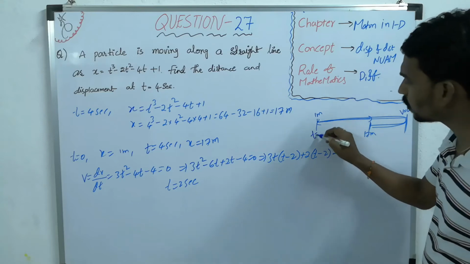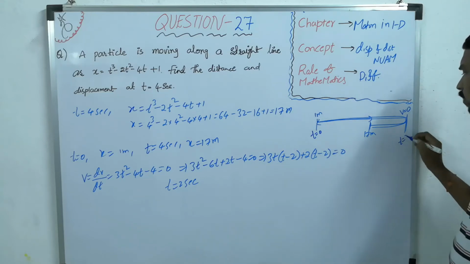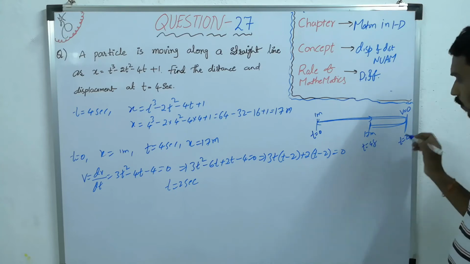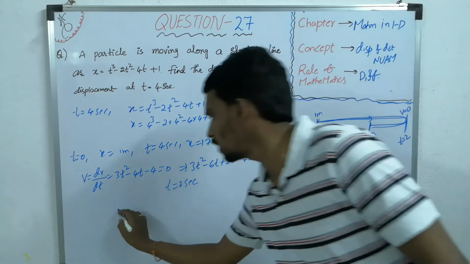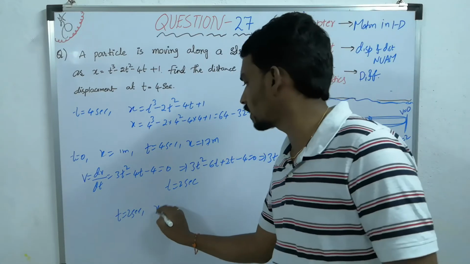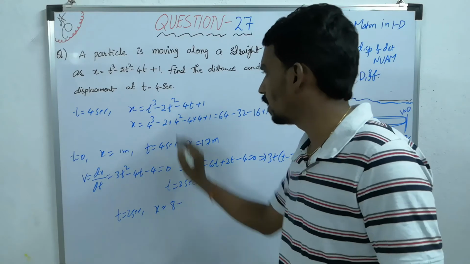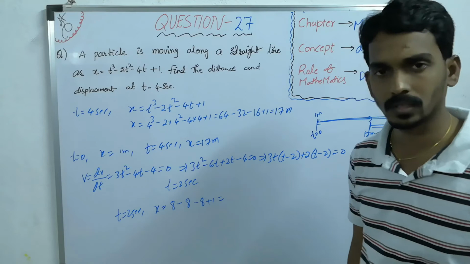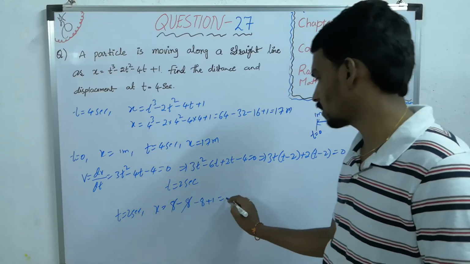So this is at t equal to 0, this is at t equal to 2 seconds, and this is at t equal to 4 seconds. Find the position also at t equal to 2 seconds. What is the position? x equal to 2 cube, 8, minus 4 2s are 8, plus 1. Plus 8 minus 8 cancel, so minus 7.